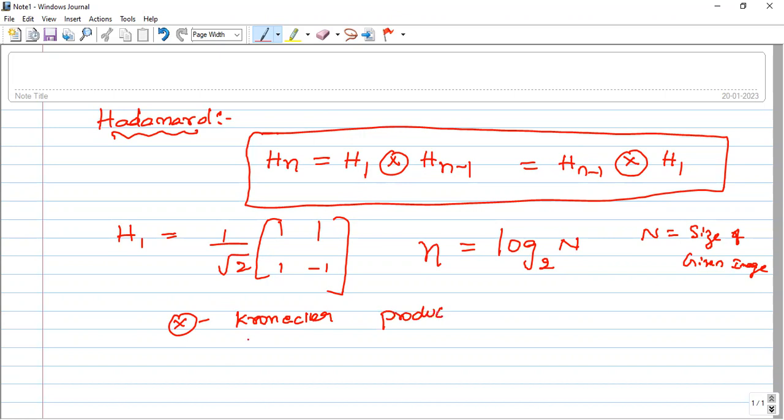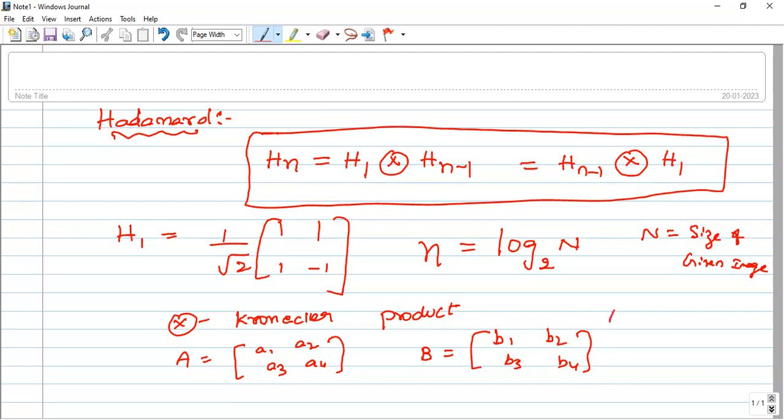Kronecker product is defined as follows. Suppose A is equal to A1, A2, A3, A4, and B is equal to B1, B2, B3, B4.